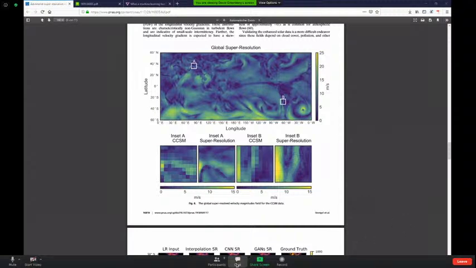I'd be curious what people think in the chat, as well as you guys in person, how do we evaluate this? So under what conditions would we expect this generalization to work?